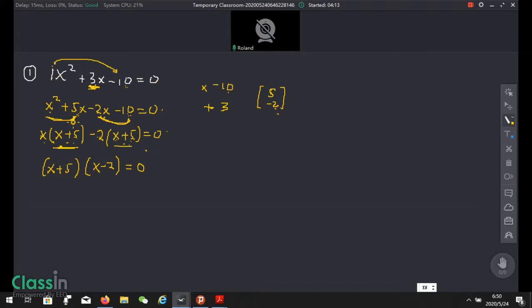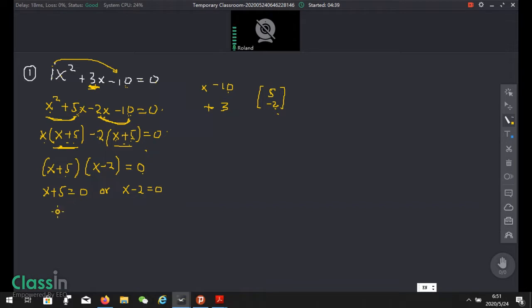So now, we can see that x plus 5 times x minus 2 is 0. Whenever we multiply two terms and we get 0, it means one of them is 0. So in this case, either x plus 5 is 0 or x minus 2 is 0.